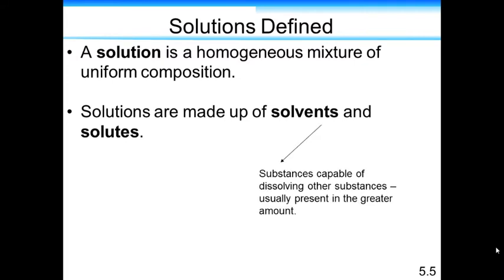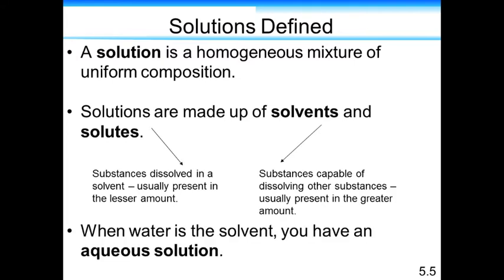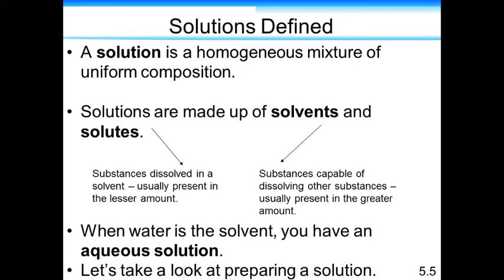A solvent is essentially what is dissolving the other substance, and it's usually present in greater amounts. The solute is what we dissolve in the solvent, and that's usually present as the lesser amount. When water is the solvent, it's called an aqueous solution. Let's take a look at preparing a solution in concentrations.